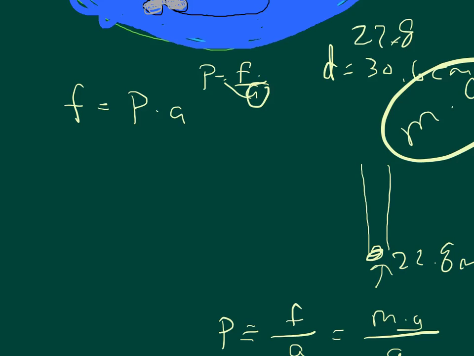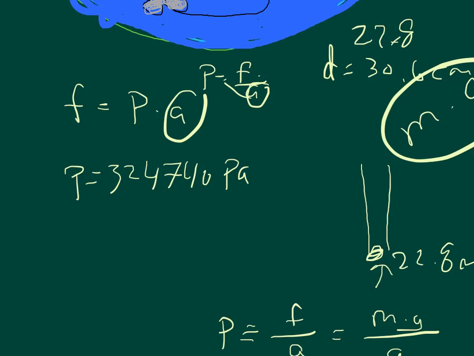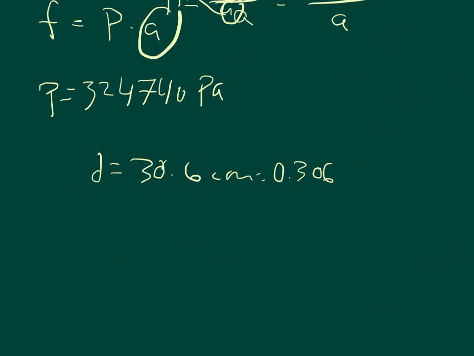We said in part A that our pressure was equal to 324,740 pascals. And so all we need to know is the area. It tells us that the diameter was 30.6 centimeters, and if we convert that to meters, it's 0.306 meters. But in order for this to be helpful, we have to turn it into a radius, so we divide it by 2. The radius is equal to 0.158 meters.